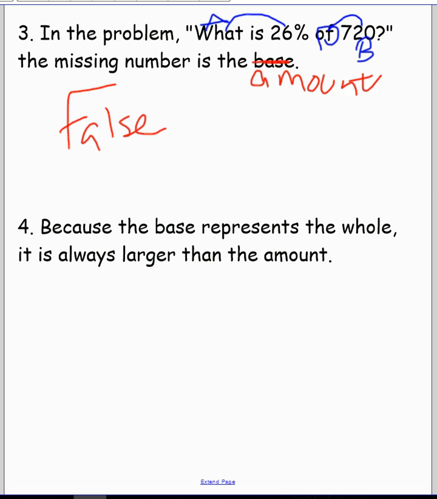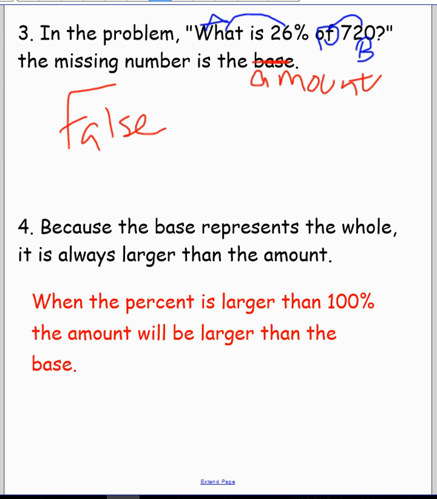So let's fix that. I'm going to pause it while I retype what it should be, just so you're not waiting on me, but then you can pause it while you copy it. So I think that's a much better statement. When the percent is larger than 100, the amount will be larger than the base.